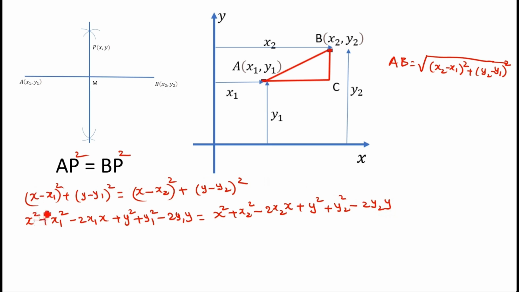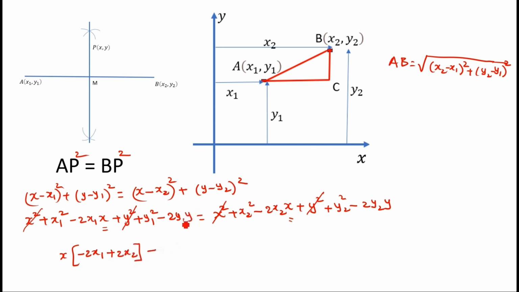If you notice here, on both sides the x square terms get cancelled and the y square terms get cancelled. Bring all the terms to the left side of the equation and take x as common. On the left side we have minus 2x1 and on the right side we have minus 2x2. If it comes to this side, it becomes plus 2x2, right?